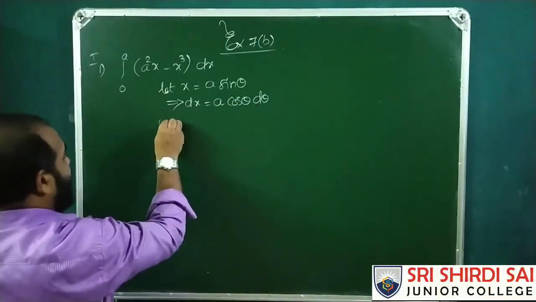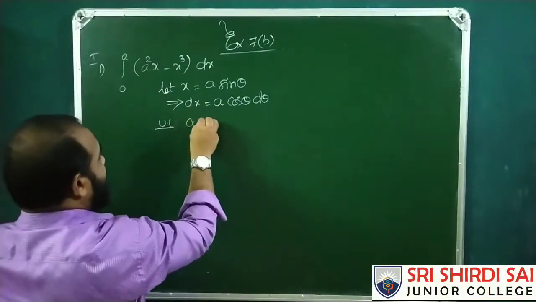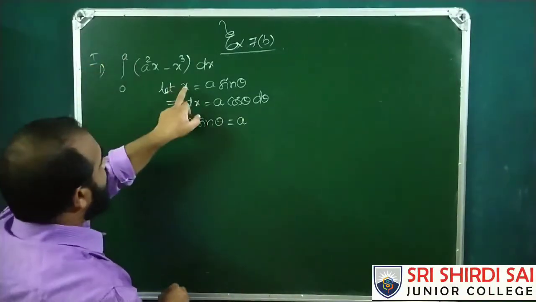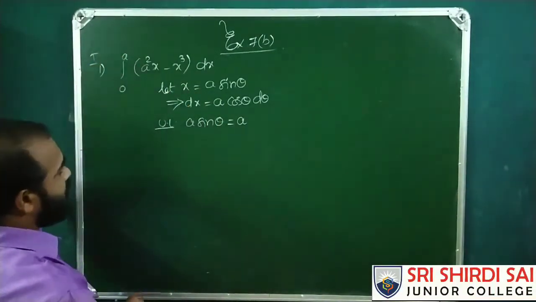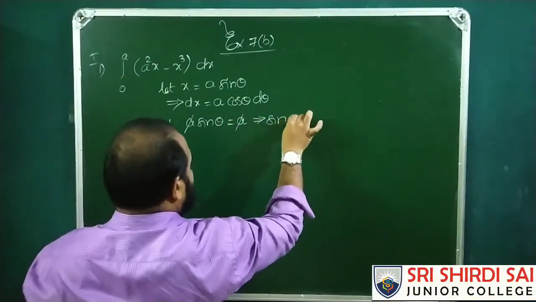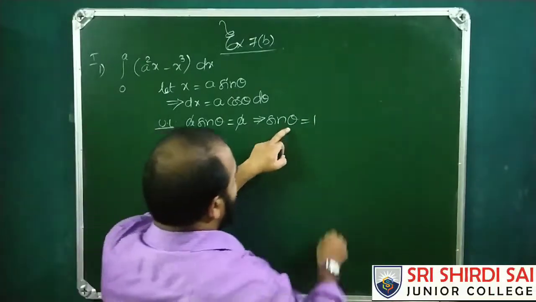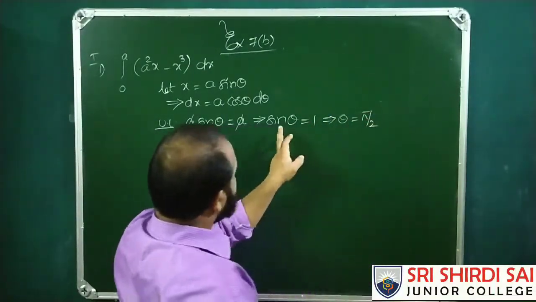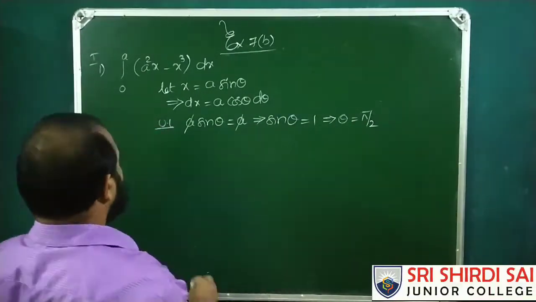So upper limit: a sin theta is equal to a. In the place of x, upper limit a, you substitute, a gets cancelled. Sin theta is equal to 1. When sin theta is equal to 1, theta is equal to pi by 2, because sin 90 is 1.